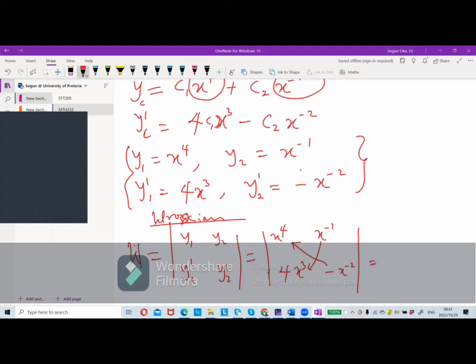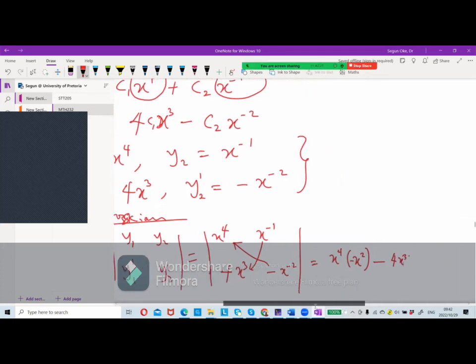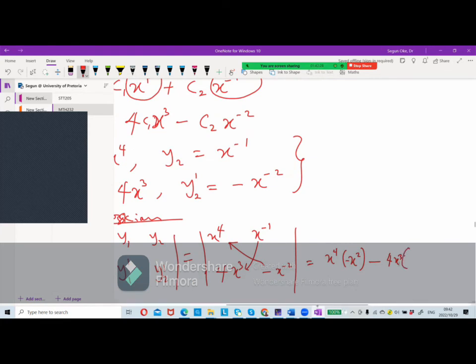So let's solve it. We have S raised to power 4, right? Yes, sir. Multiplied by minus S raised to power minus 2, minus 4S raised to power 3, multiplied by S raised to power minus 1.